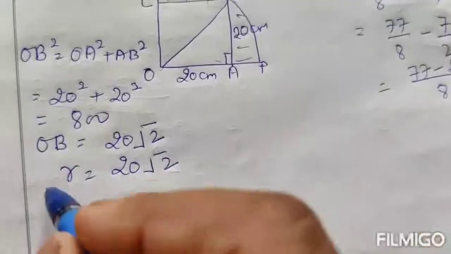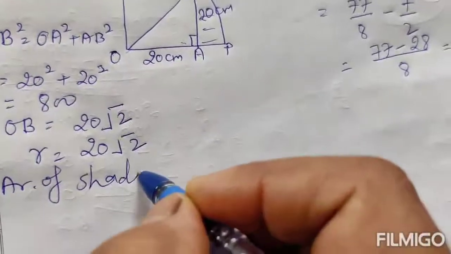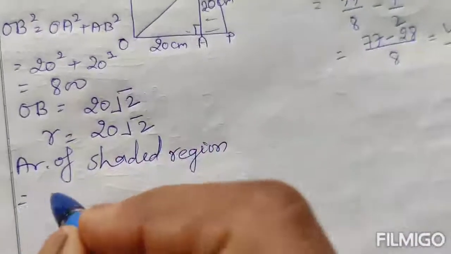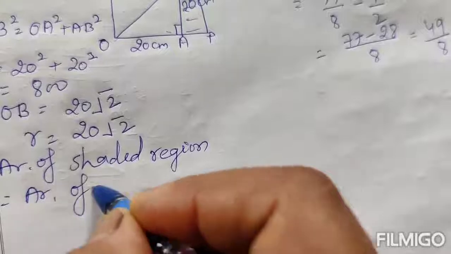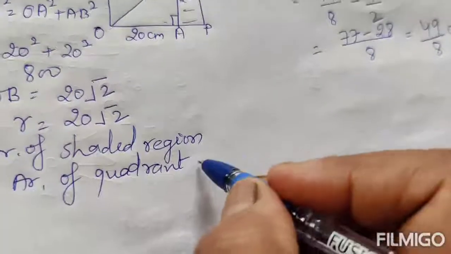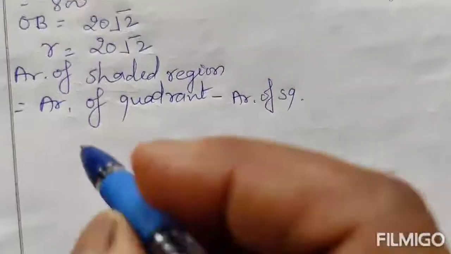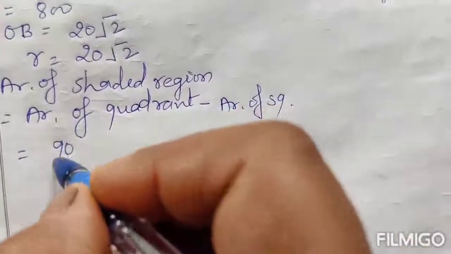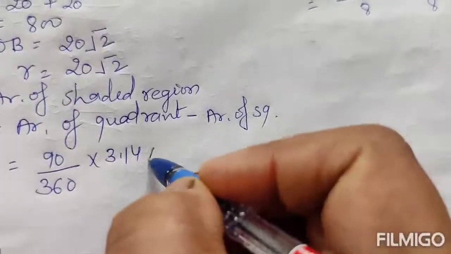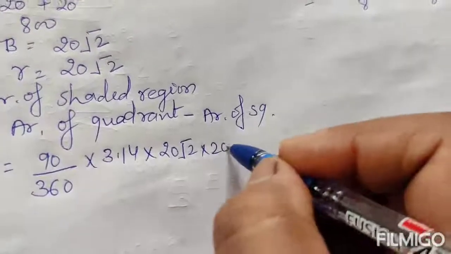And area of shaded region equal to area of quadrant minus area of square. And area of quadrant is 90 by 360, pi equal to 3.14, and radius is 20 root 2 into 20 root 2. It means 800.